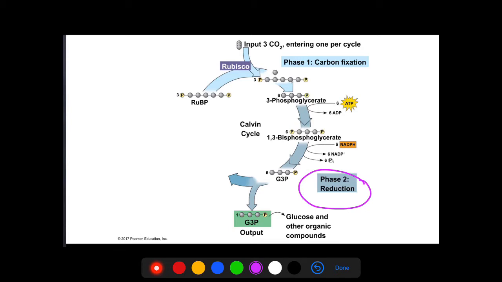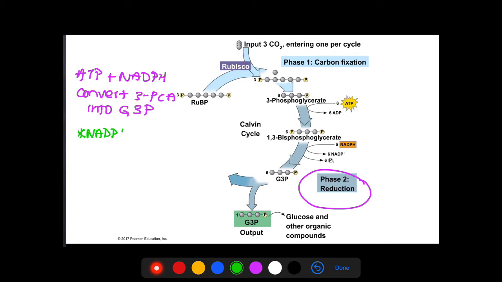Then we move on to the reduction phase, okay? In the reduction phase, you are going to have ATP and NADPH, which are going to convert the 3-PGA that we saw was split into G3P. Once this happens, NADPH is going to reduce the 3-carbon intermediate to make the G3P by donating its electrons.